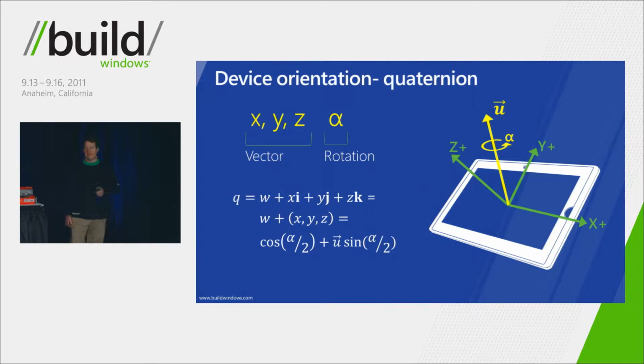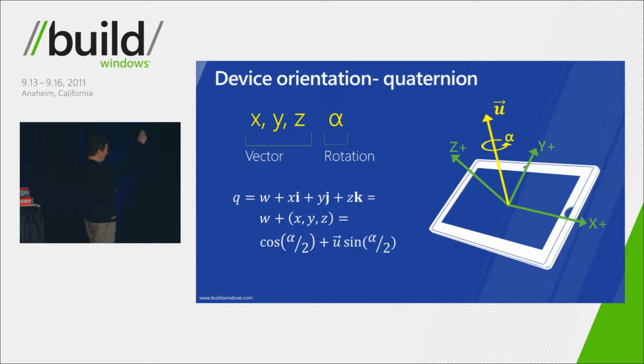So I'm going to get a little mathy here. The device orientation from the orientation sensor comes to you in the form of a quaternion. A quaternion is similar to a typical axis angle rotation that you do in a game, but slightly different. What it gives you is basically a unit vector in space with an angle of rotation around that.